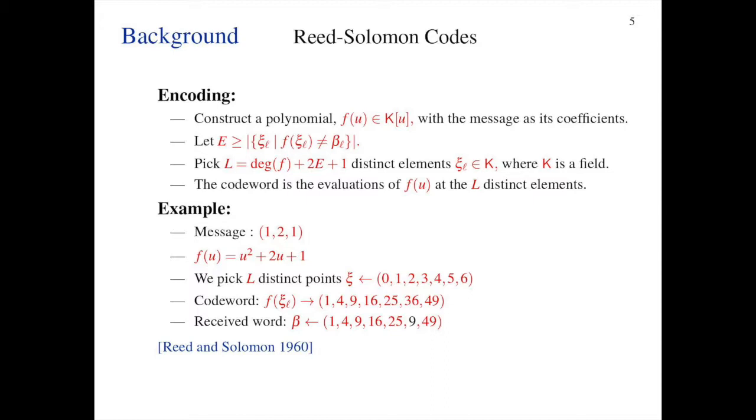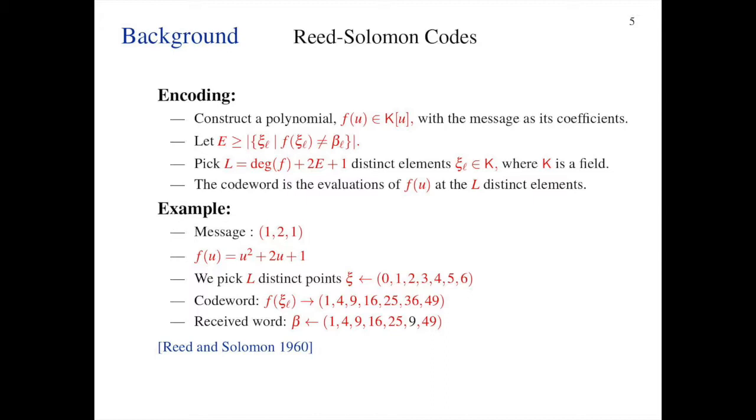So, the first thing we'll do is construct a polynomial f, where the coefficients of the polynomial are the message you want to send. Now, we'll have a bound E on the number of places where the received word differs from the code word.